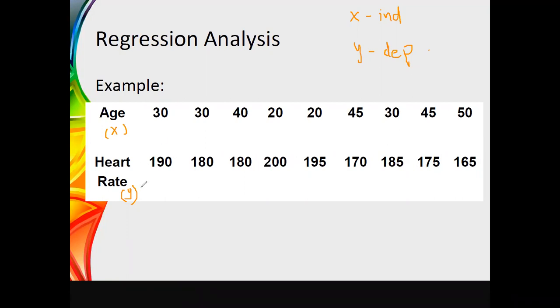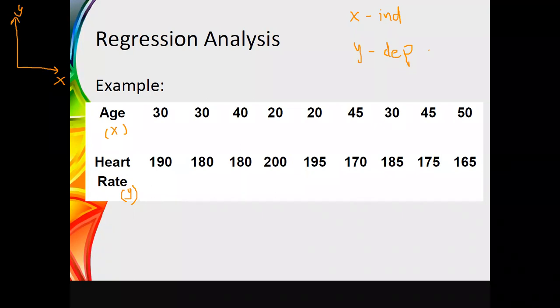Therefore, we have to identify age as the x variable and the heart rate as the y variable. First of all, you need to identify it. After that, you can construct the scatter plot, plotting the values on the x-axis and the y-axis accordingly.